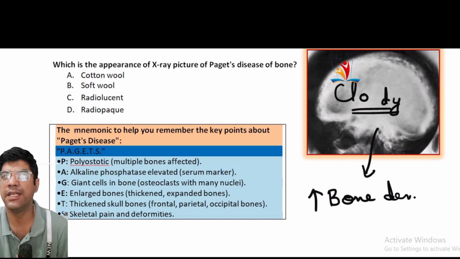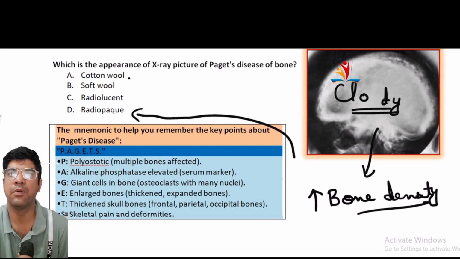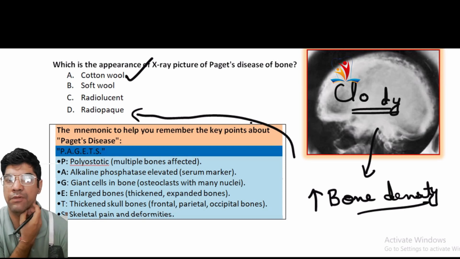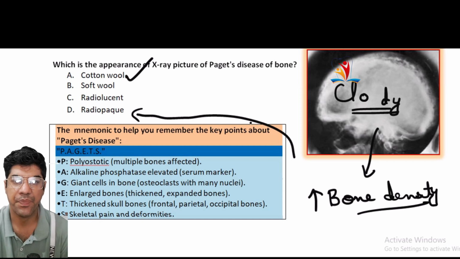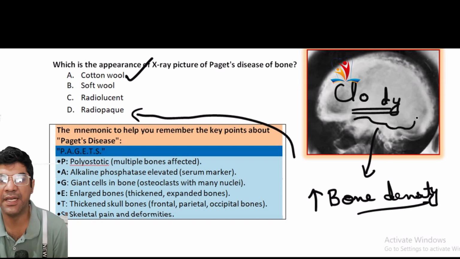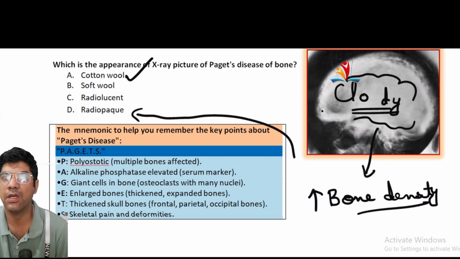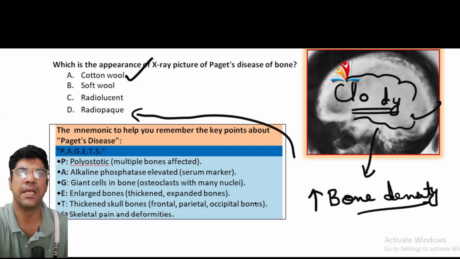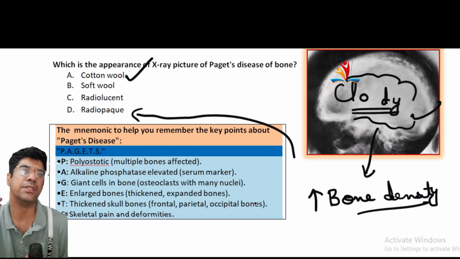Increased bone density means radiopacity, but that cannot be the option; the characteristic feature is the cotton wool appearance. So we will mark cotton wool appearance as the answer. There will be a mottled appearance, increased bone density and disorganized bone structure. You can see a cloudy appearance that is characteristic of Paget's disease.